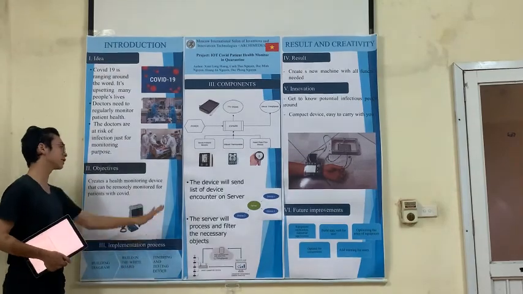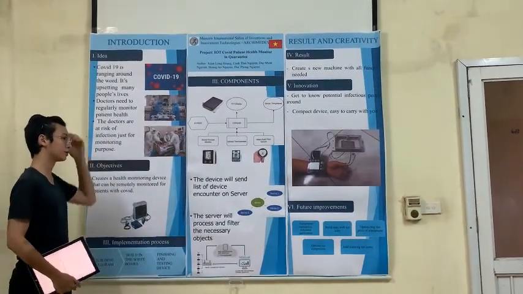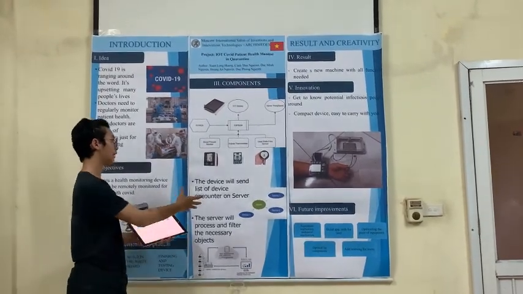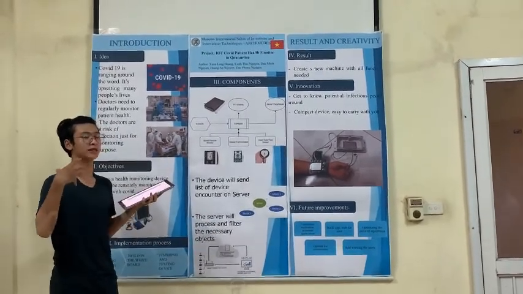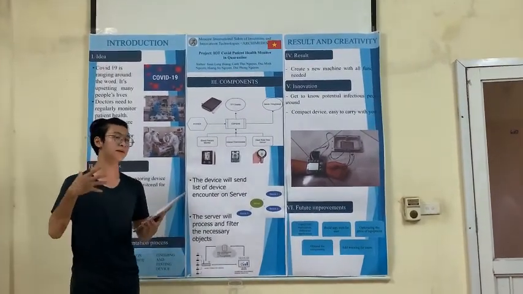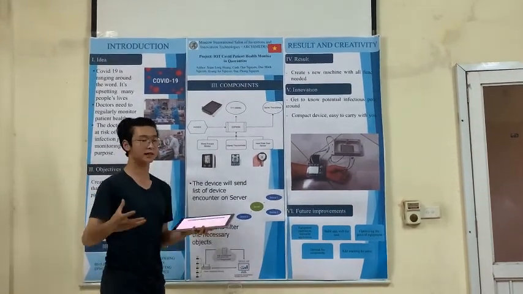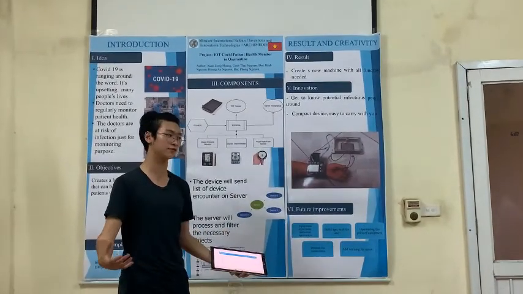So we built everything on a breadboard, and we finished and tested the device so that we gather the data right here. But first of all, let's talk about how the server works. The server has a whole list of devices that can come up to 500 in size, which means a doctor can get data on 500 patients at the same time, which is massive.